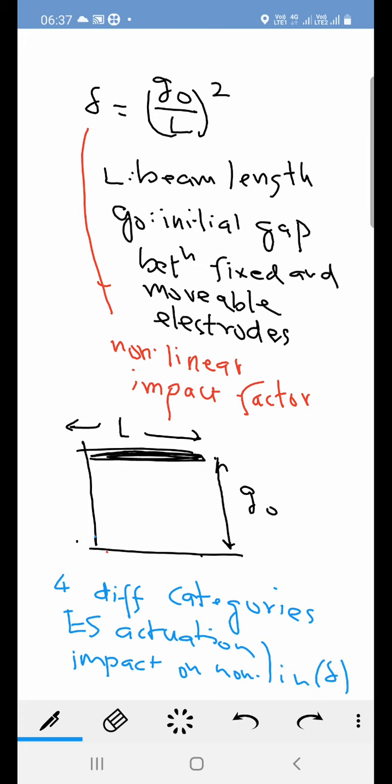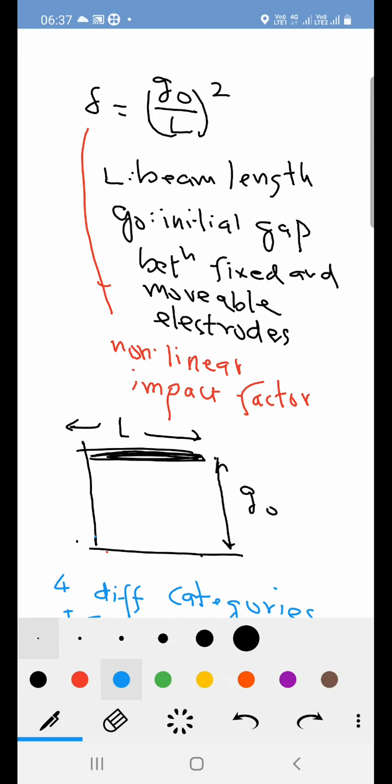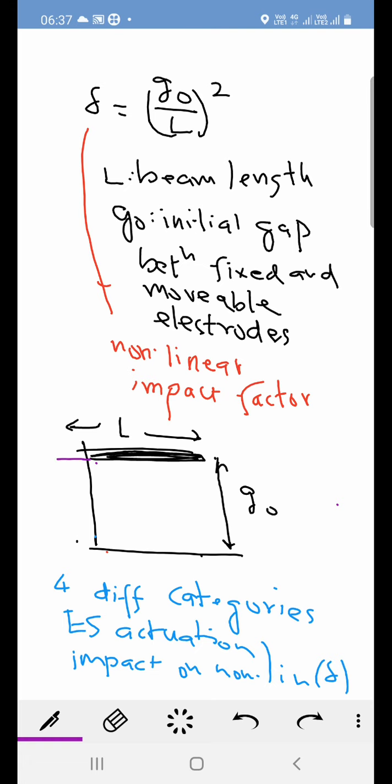So let's take them up one by one. We can put a voltage, an electrostatic voltage, across this cantilever, between the fixed and movable part.